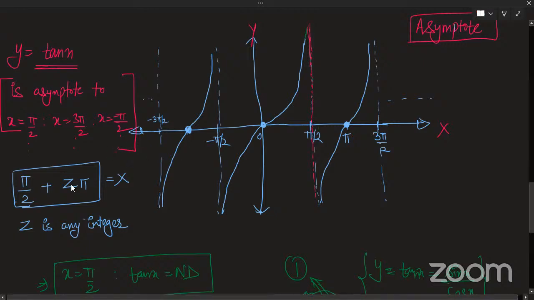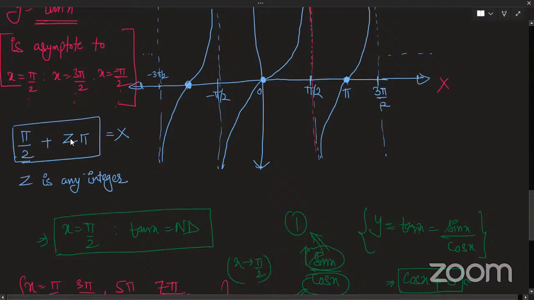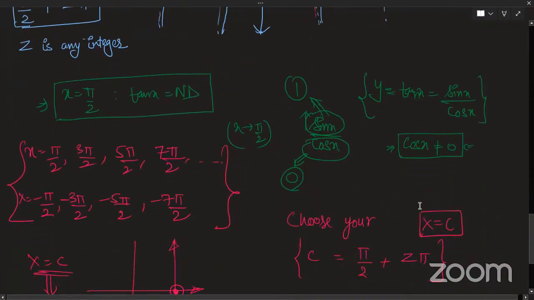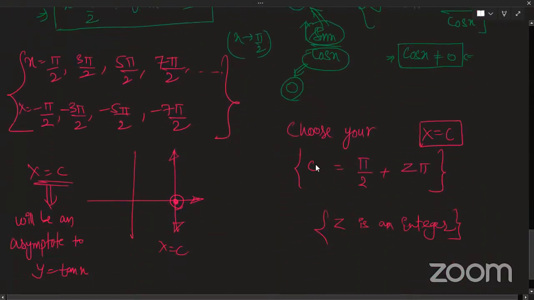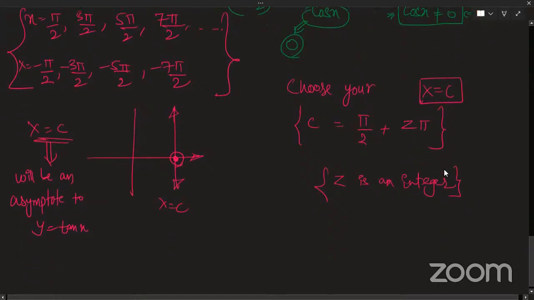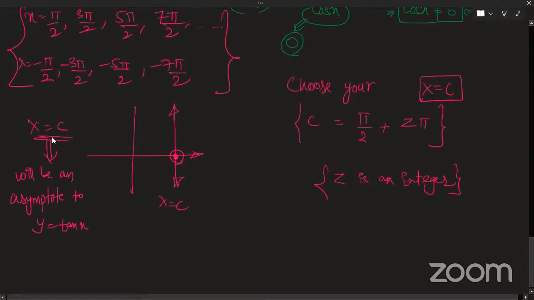You put any integer value of z, you pull this line x is equal to c, where c is equal to pi by 2 plus z pi, so your x is equal to c will definitely be an asymptote to y is equal to tan x. Fine? That is what I tried to say.